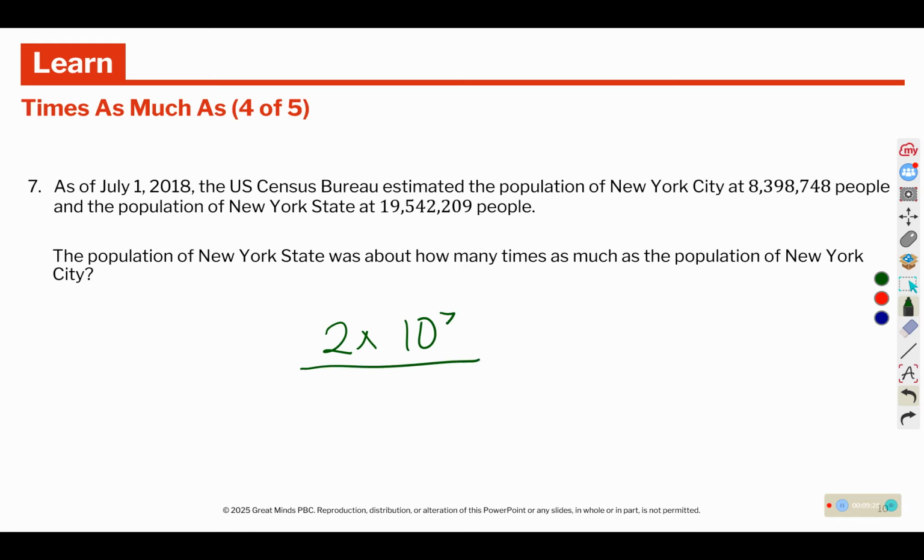And this 8 million, the 3 makes it stay, is 8 times 10 to the 6th power. 2 divided by 8 is 0.25. 10 to the 7th divided by 10 to the 6th.